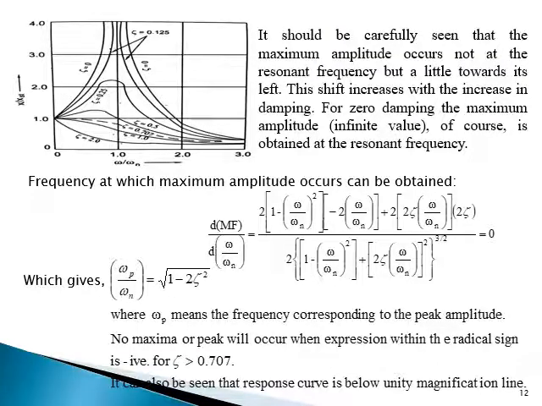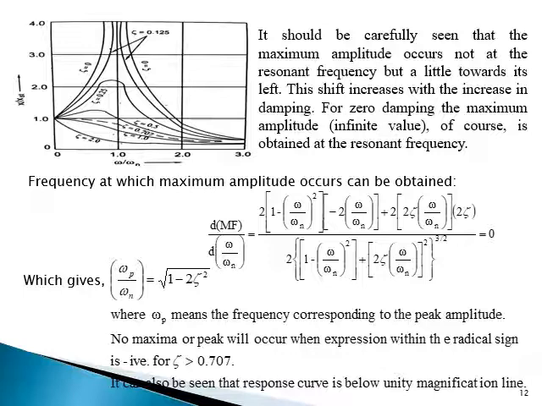Now one important factor here is this dotted line of zeta 0.707. Above this there are amplitude peaks. As we can see, this is an amplitude peak, this is an amplitude peak, and so are the others.